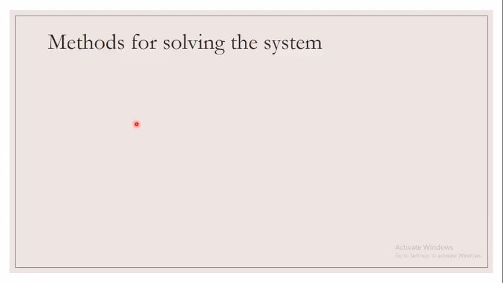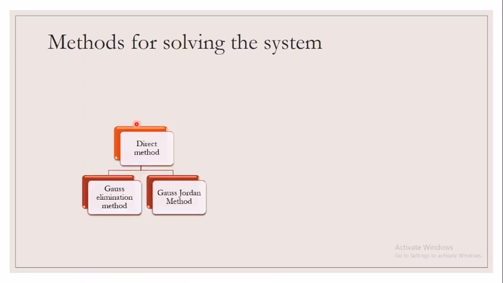Now there are four methods that we are going to deal with in this particular module, and the methods for solving the system we have divided into two. One is the direct method. In the direct method we will be studying the Gauss elimination method and the Gauss-Jordan method, and in this scenario the solution that we get will be exact.